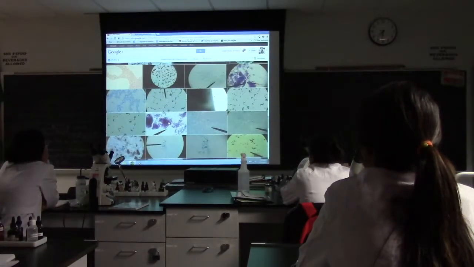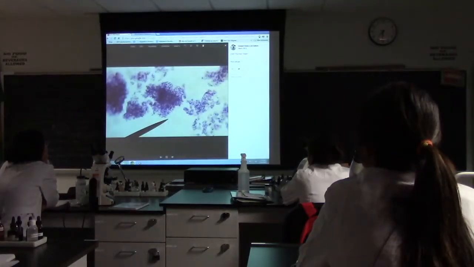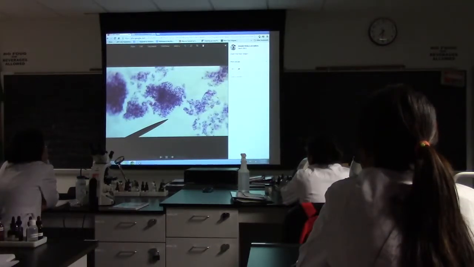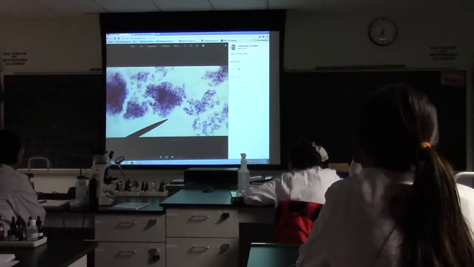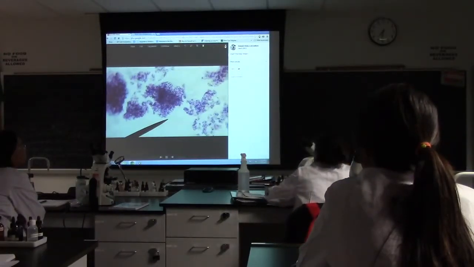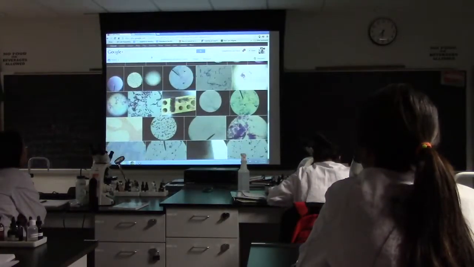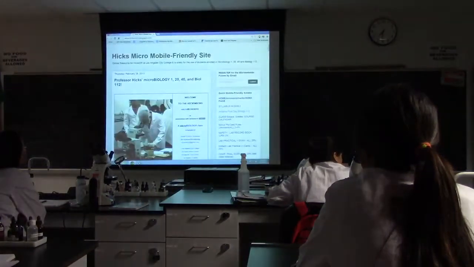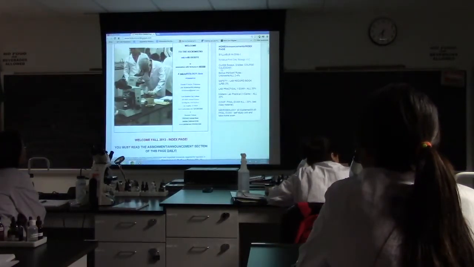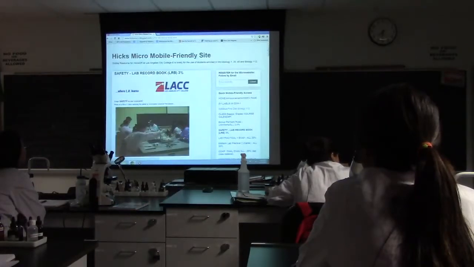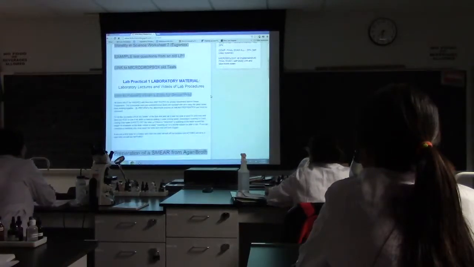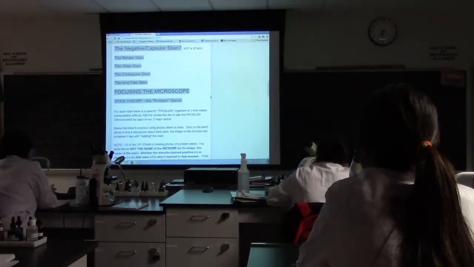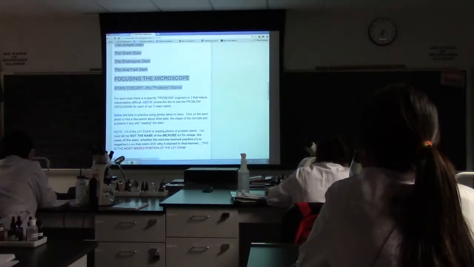There's smegmatis again. How do I know? It's a sharp-ended rod. One end is sharp, the other one is fat. There's a few pink ones in there, but the majority is purple. So you're going to have to give that a try. What I would do if I were you, when you're looking at these and giving yourself a try, is go to the Lab Practical 1 and go down to problem stains.